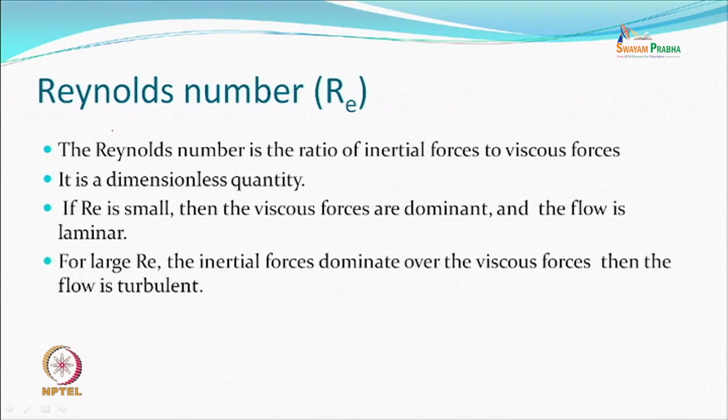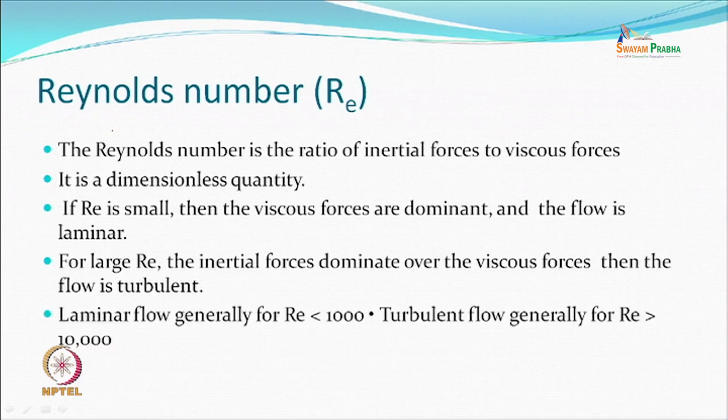On the other hand, if this is large, that means inertial forces dominate over the viscous forces and the flow will be turbulent. In general, if the Reynolds number is less than 1000, one can think of the flow like a laminar flow, and turbulent in case this is more than 10,000.